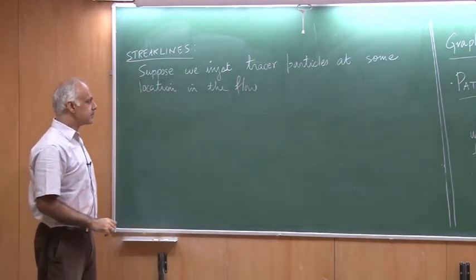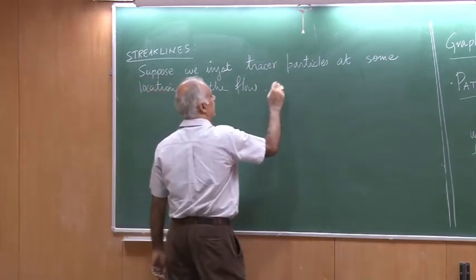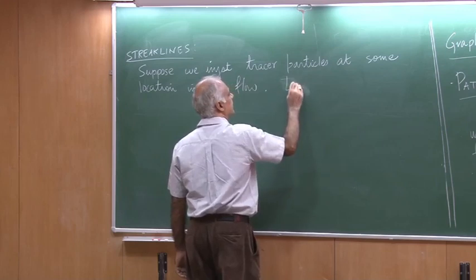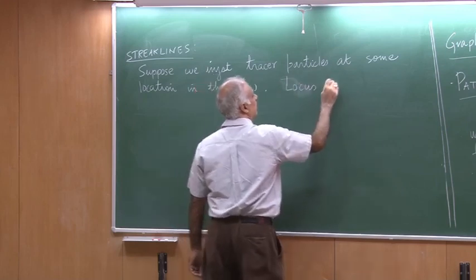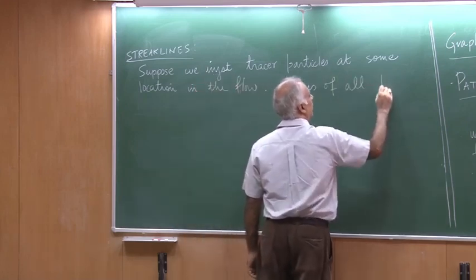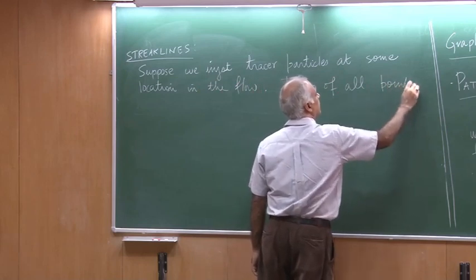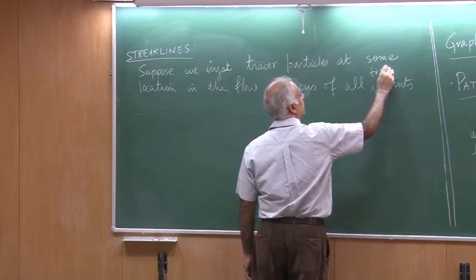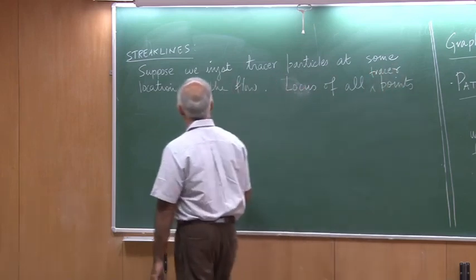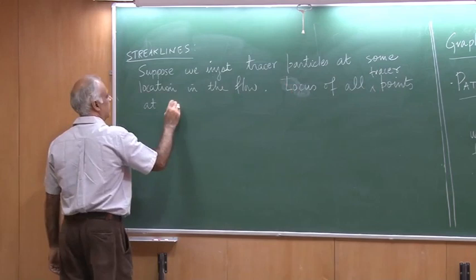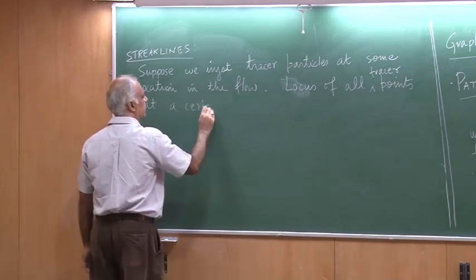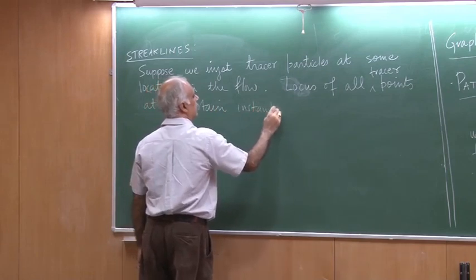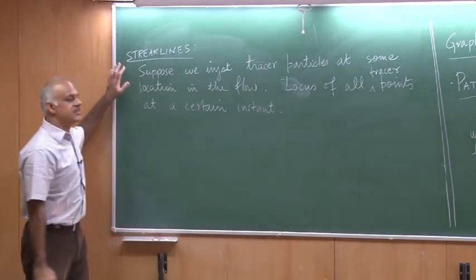Okay. Then the trajectory, or rather the locus of all points, rather the tracer points at a certain instant, that's what gives me a streak line.